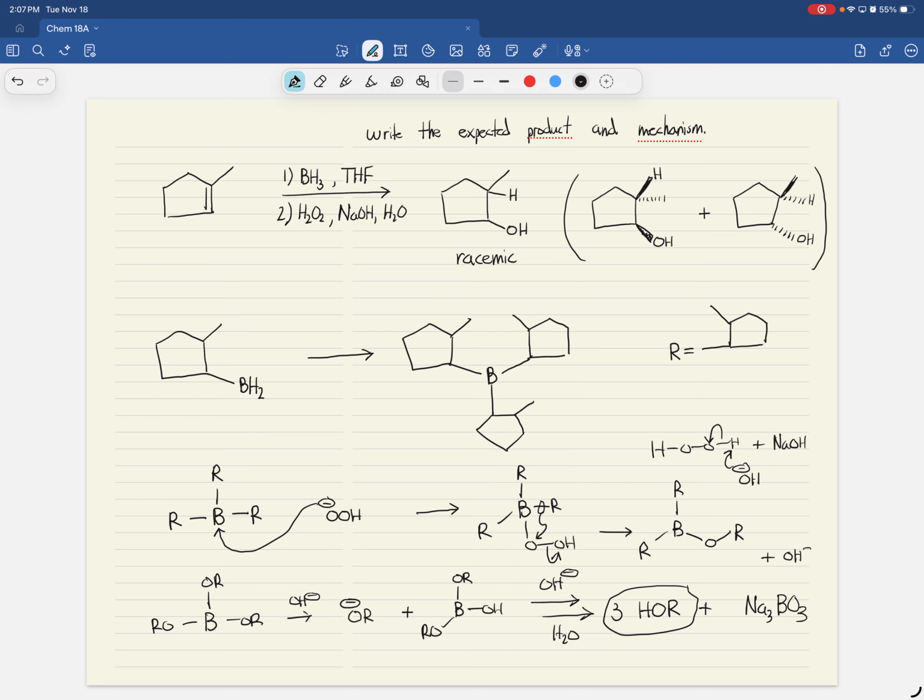The alcohol. The equivalent is the oxygen on the water, right? See, it's donating electrons. Look at this one. Yeah. So it's coming from where? The oxygen on the water, right? Yeah.